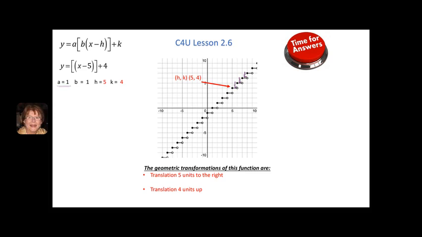There's no reflection because a and b are both positive. That's why our steps are going up. Our geometric transformations, because the h is positive 5, we say that there's a translation 5 units to the right. This is from the basic function. And because the k is positive 4, we say that there's a translation 4 units up.